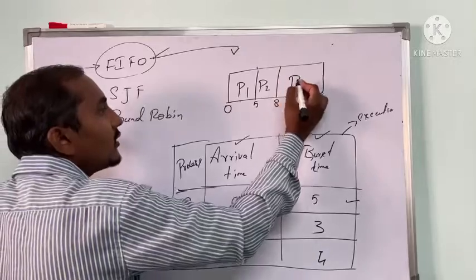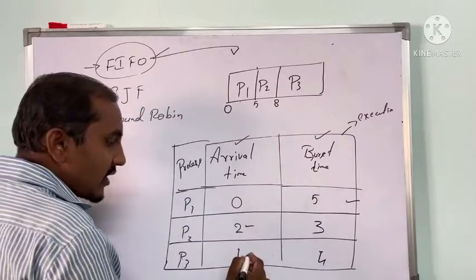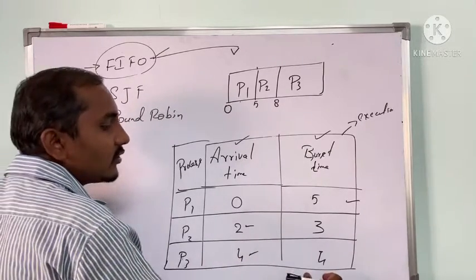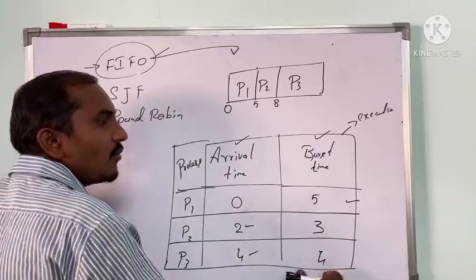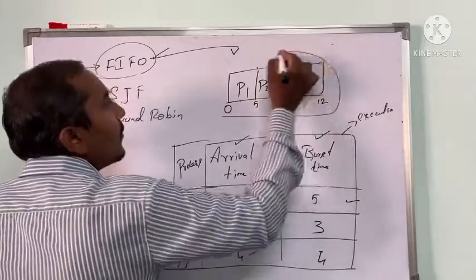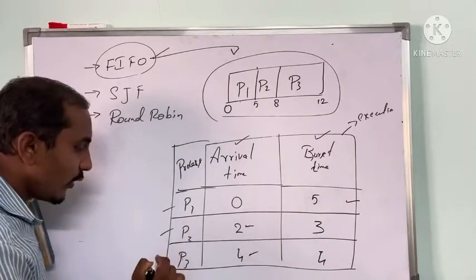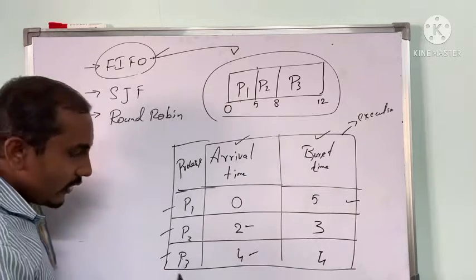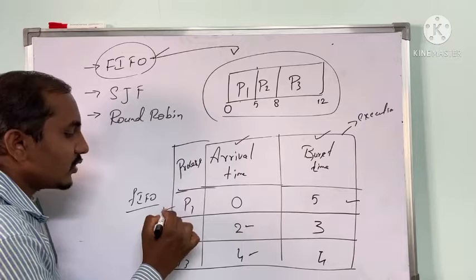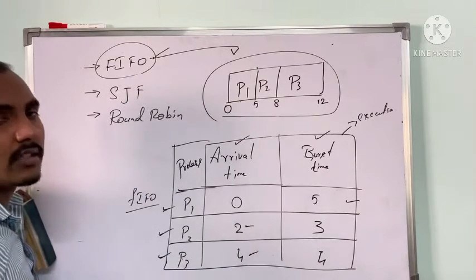The next process we have is P3, which has arrived at the 4th millisecond, but it needs how many milliseconds for completion? 4 milliseconds. So 8 plus 4 will be 12. So in 12 milliseconds we are completing process 1, process 2 as well as process 3 in the order of first in first out. So first process 1, next process 2, next process 3 has completed its execution.